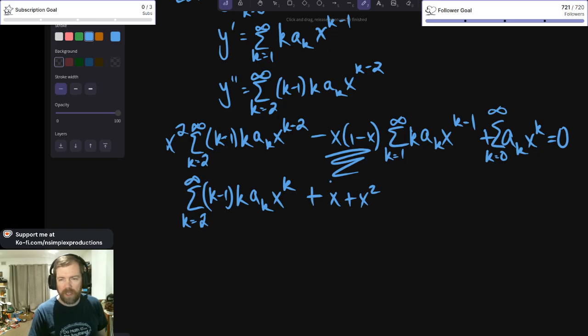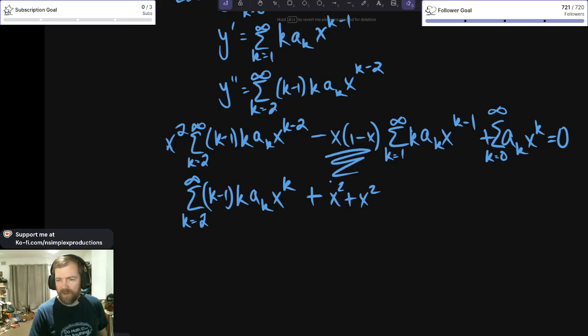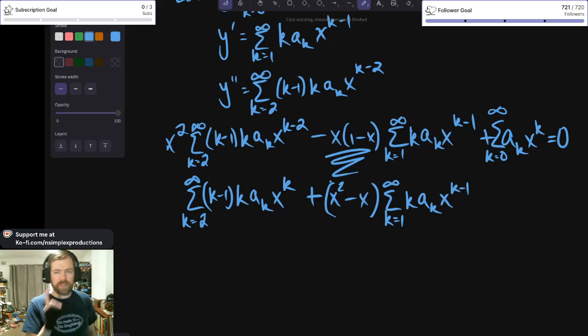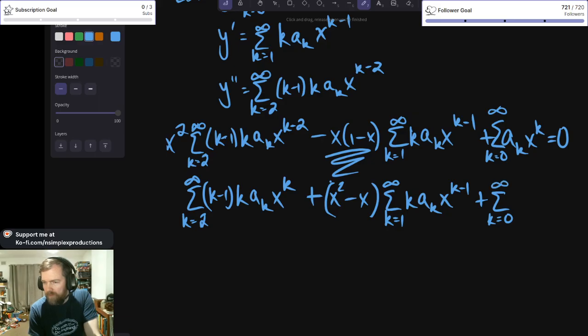Okay, let's make that plus x squared minus x, times the summation, k goes from 1 to infinity, k a sub k, x to the k minus 1. Hasn't done anything just yet. Plus summation k from 0 to infinity a sub k x to the k equals 0.